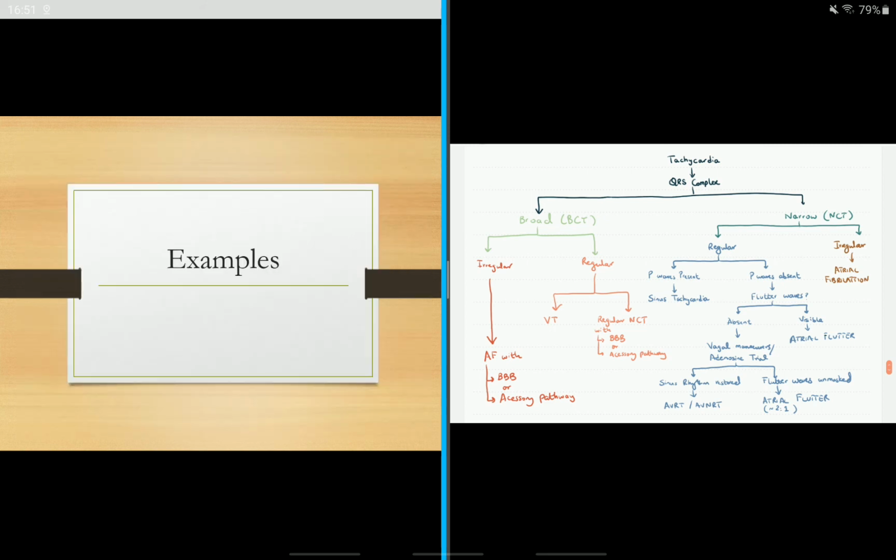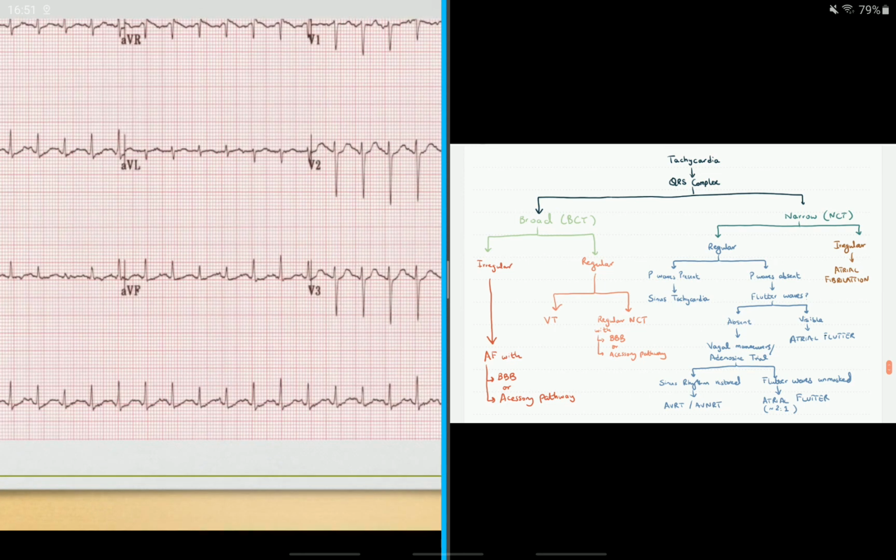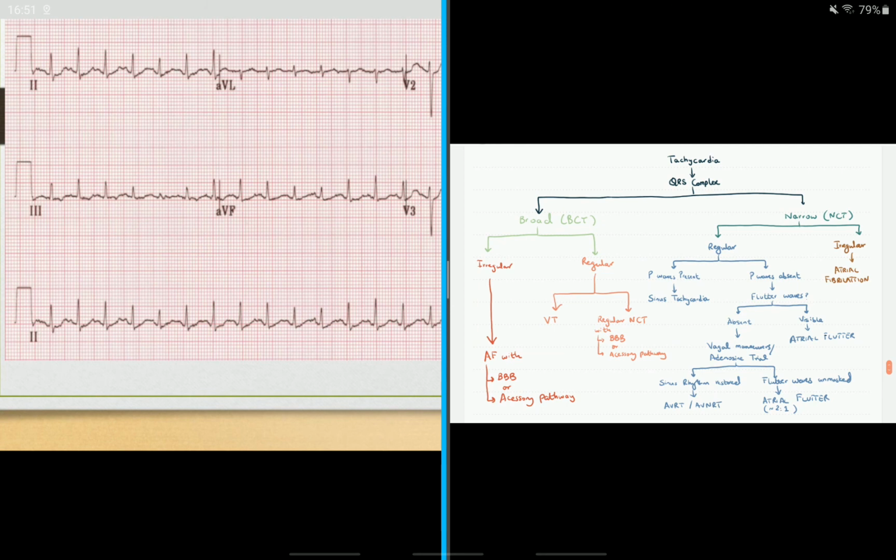Now let's briefly go through some of these ECGs as per our algorithm and try to see if we can identify the rhythm. So this patient has got a tachycardia, and let's look at the rhythm strip. This is a narrow complex tachycardia. These QRS complexes are narrow and they are regular.